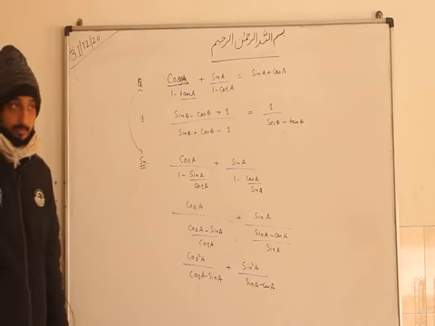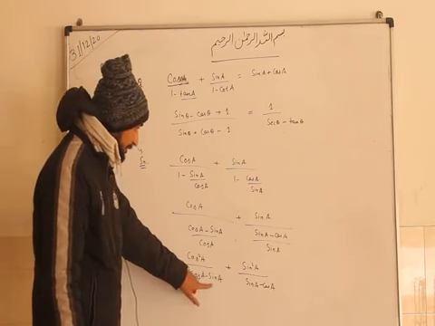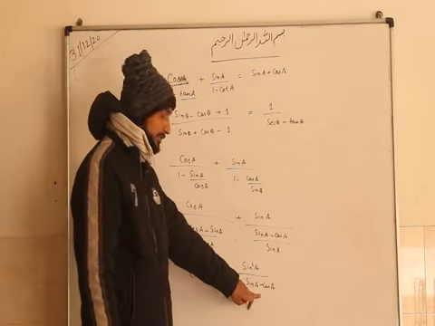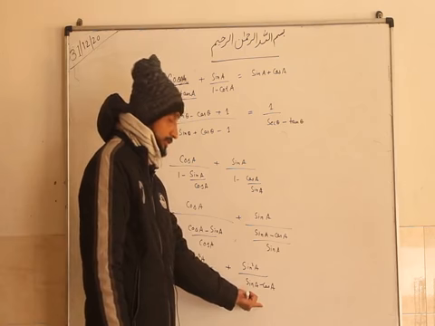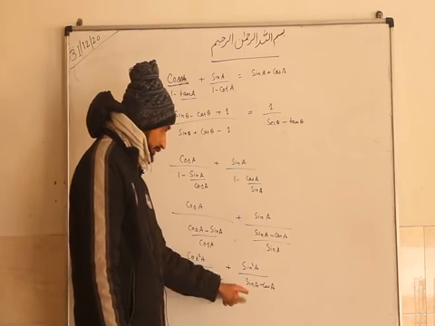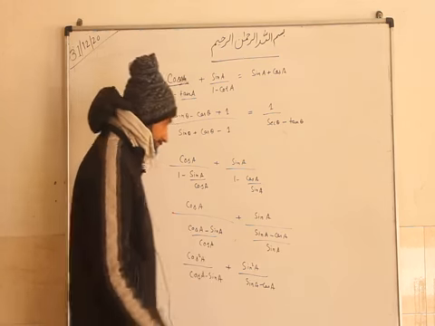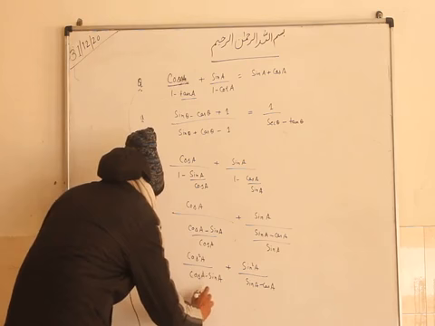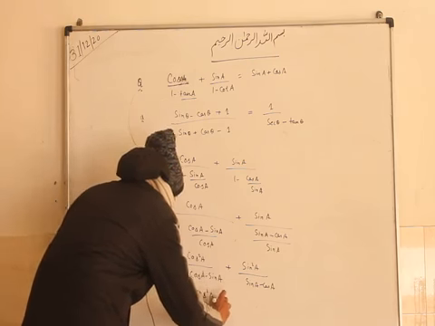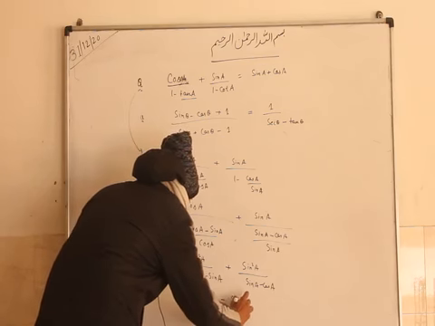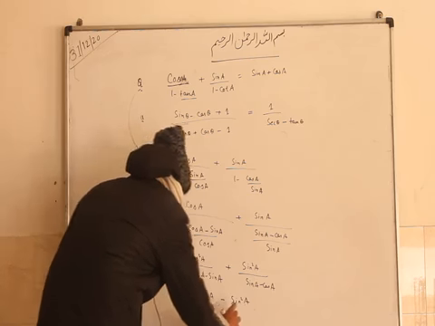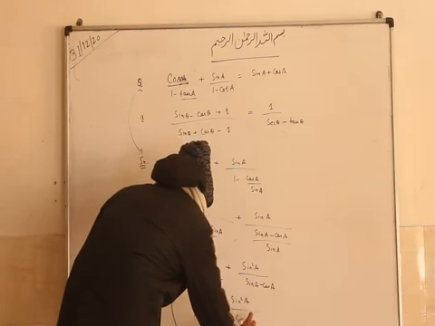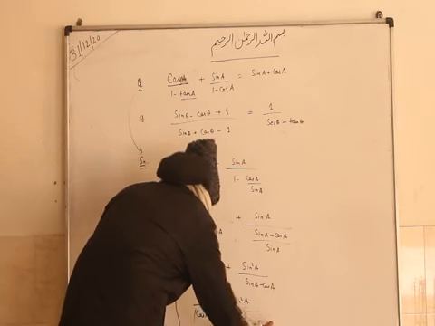Till here is fine. Now see here, it is cos A minus sin A, and here it is sin A minus cos A. So if you want to take the LCM, it must be same. So we can take negative common here, so it will be cos A minus sin A. So this is your cos square A, and here it will be minus sin square A, and this is cos A minus sin A, and this is also cos A minus sin A. Fine?